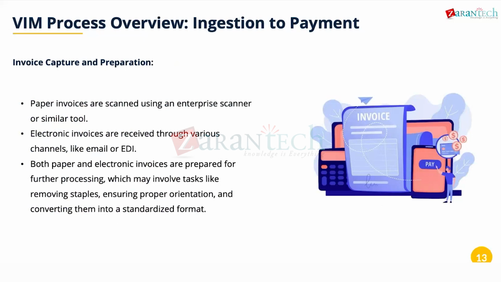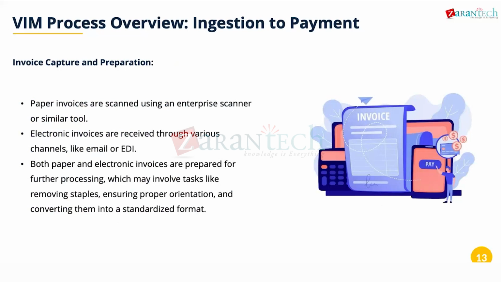When you are trying to implement the VIM solution in any organization, with respect to paper invoices, the first question you have to ask is where you are going to set up your scanning solution. There can be one place or multiple places or a central team; it all depends. Or you can have decentralized paper invoice management teams, and the rest of the process handled by a separate team.